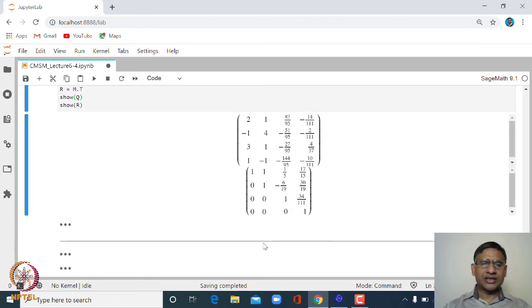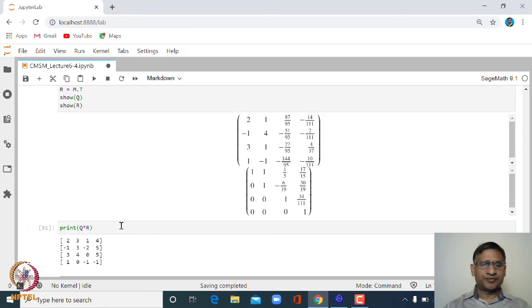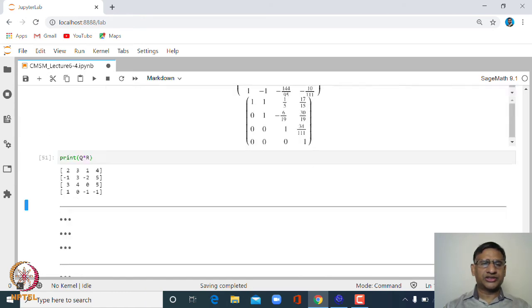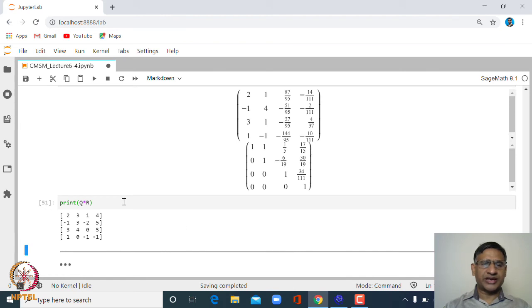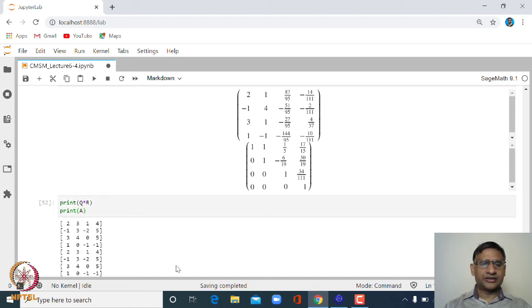And not only that, if you try to multiply these two, Q into R, Q is the matrix which was the transpose of what we got using Gram-Schmidt, and when you multiply this you will get this matrix A. This was the matrix A. Let me also print what this matrix A is. So print A, right, so that both are the same. So Q into R is A.